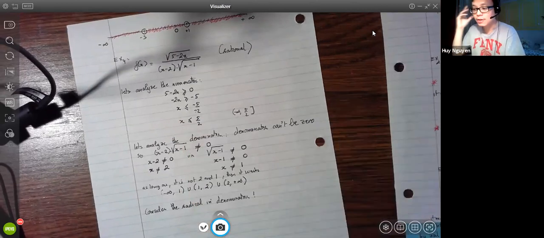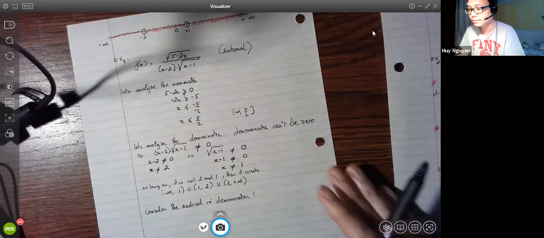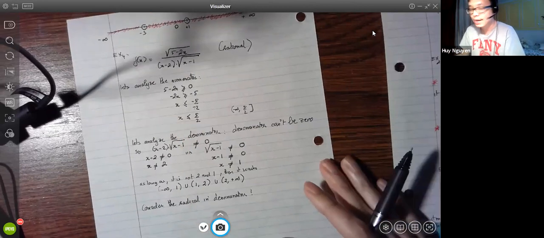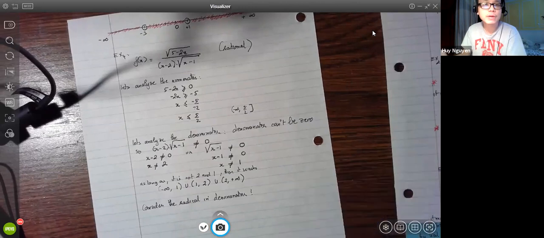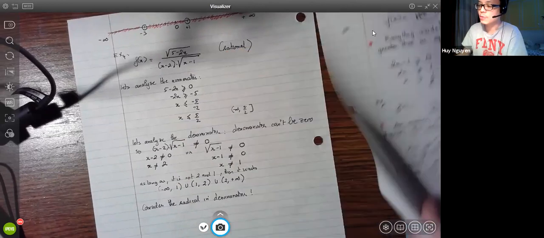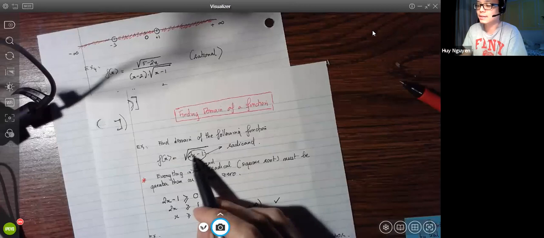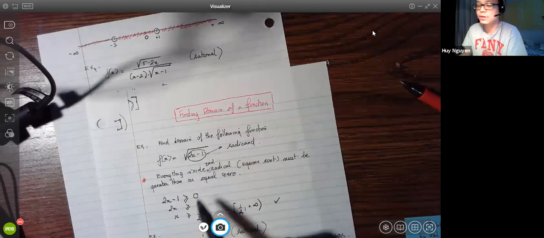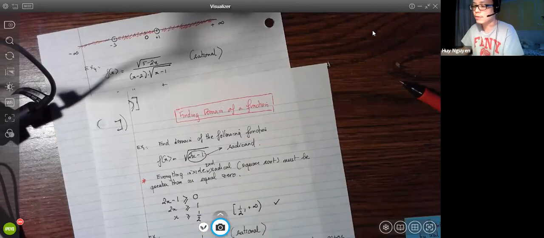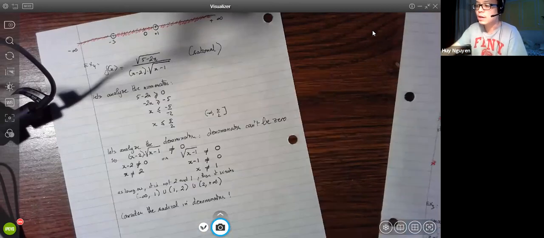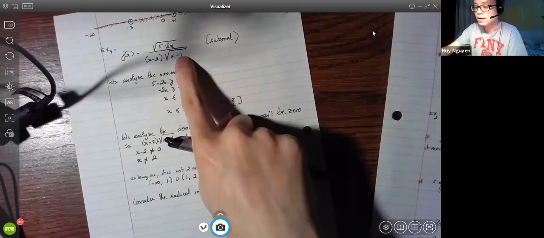If the radical is under the denominator, then we cannot have 0, right? Every time you see a radical, you set everything inside greater than or equal to 0. But in the first example I have here, the radical is under the denominator.